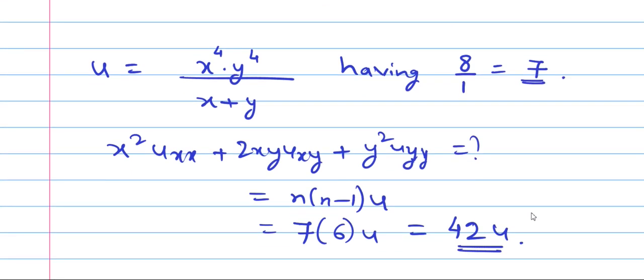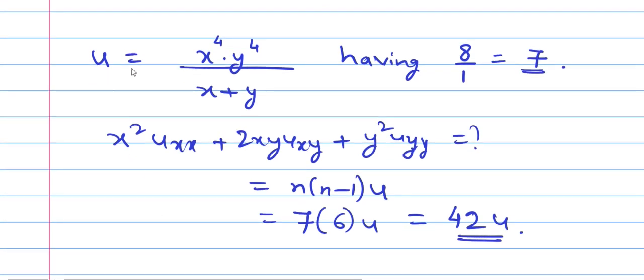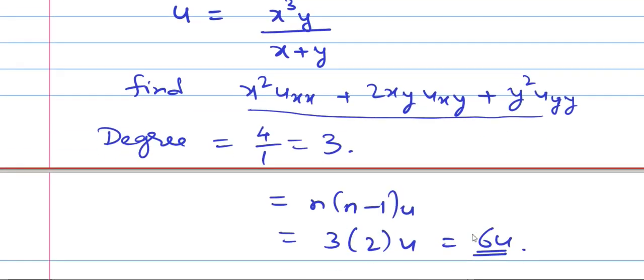We saw a question with a homogeneous function of degree 7, so the second derivative is 7 minus 1, which is 6 into u, giving 42u. The next question had a homogeneous function of degree 3, so 3 minus 1 is 2 into u, giving 2u.